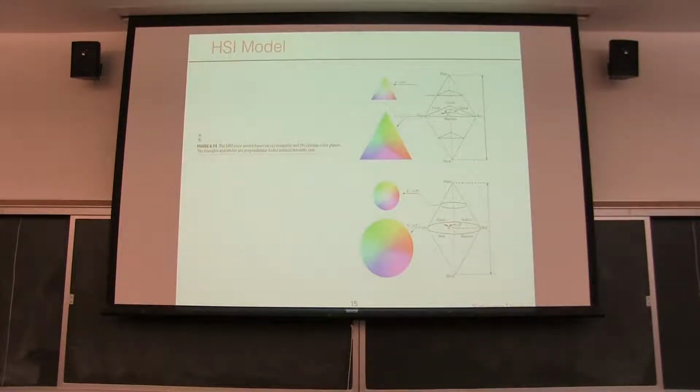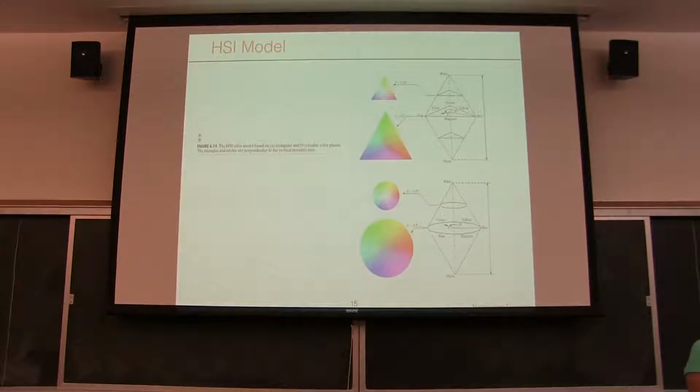That's represented by having smaller and bigger triangles, so it becomes like two inverted pyramids, one on top of the other. If I'm using a circle, it becomes two inverted cones. But it's the same idea.